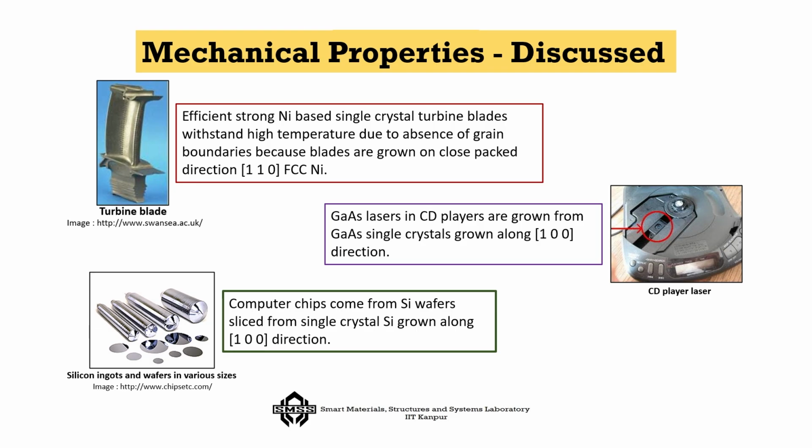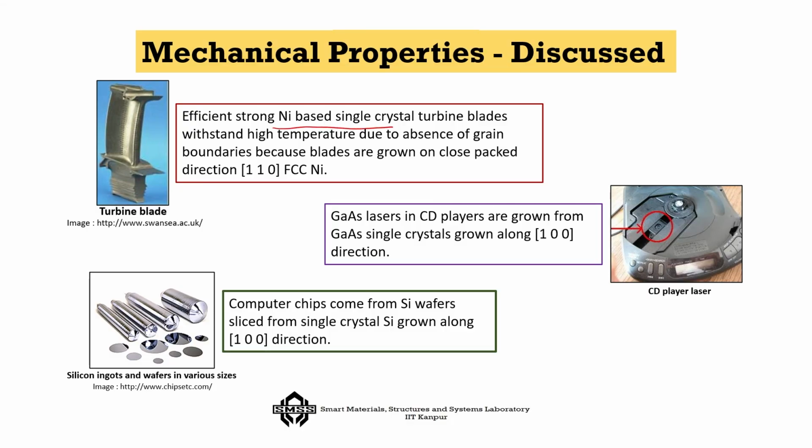Look at, for example, the turbine blade. An efficient, strong, nickel based single crystal turbine blade is always desirable. All the high speed turbine blades of aircraft, for example at 30,000 revolutions per minute, are made of nickel based single crystals that can withstand high temperature, because there will be no grain boundary as it is a single crystal.